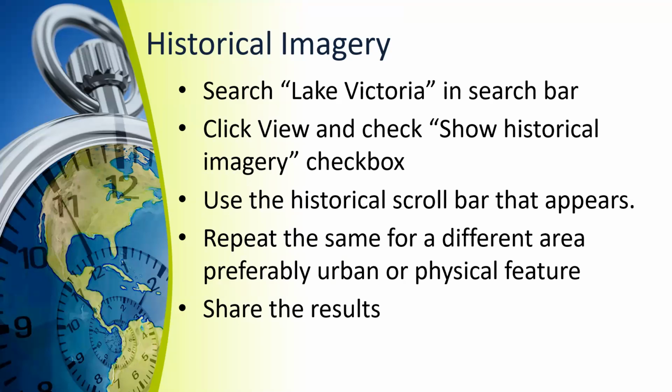Then we'll use the scroll bar to see the history of a given area. In this case, we will be using Lake Victoria. Then this one is on you, participants: you will repeat the procedure for a different area, and then you can share with us the results, or just a screenshot of your particular area.